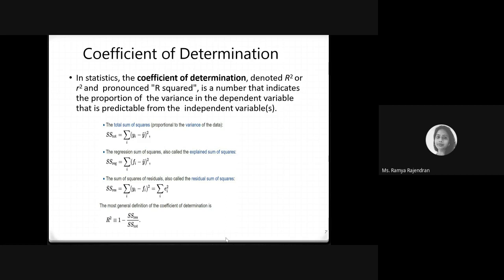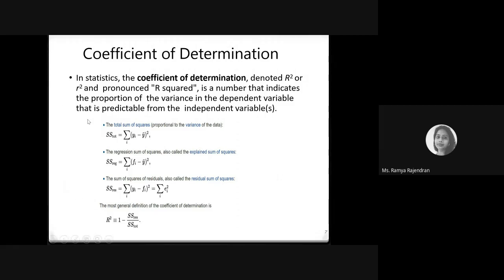To find out how the variance happens between these variables, the R square value is used. The formula is R square equals 1 minus the sum of squares of residuals divided by the sum of squares of total. Let's see how to compute this first.